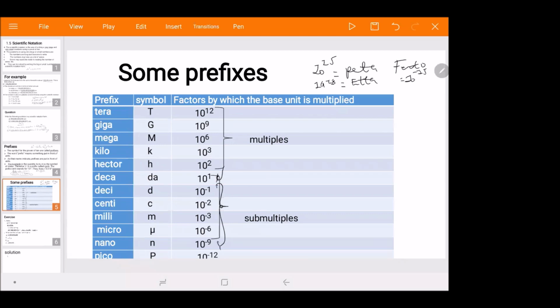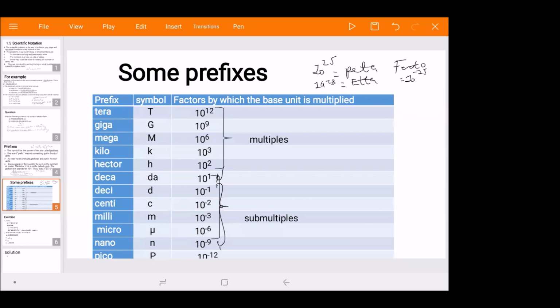Up to deci, we call them multiples, and from deci down to the end, they are called submultiples. That means they are very small numbers, and the above ones are very large numbers, and they continue above and below.